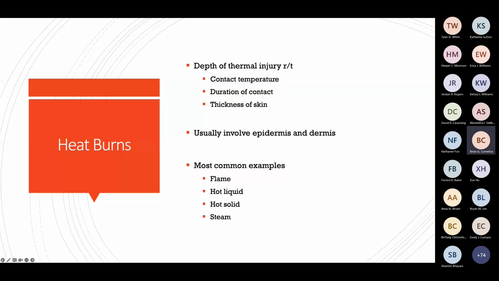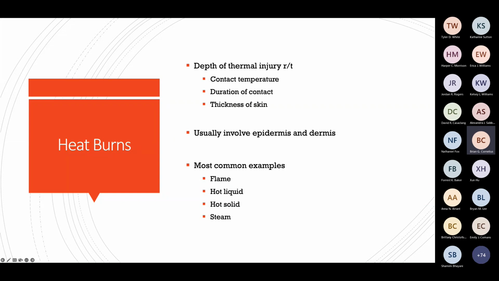Other things you have to worry about: the temperature of it. Low temperatures are generally not as bad as high temperatures, which kind of makes sense. And then the thickness of the skin. When you start looking at what we call critical areas, even though it may be a small injury area, you have an increased risk of thermal injury just because of the thickness of the skin. So think about something that has a lot more sensitivity or thinner tissue, like eyelids or the perineum.